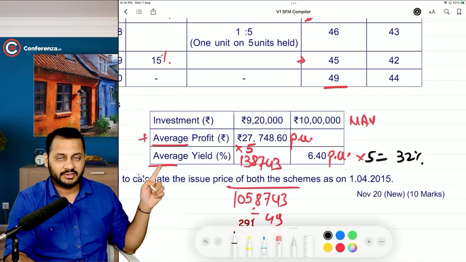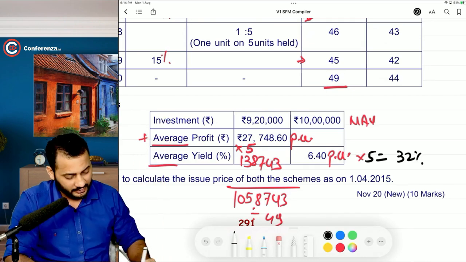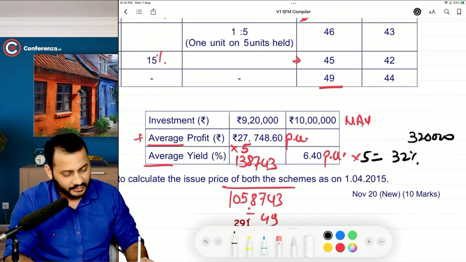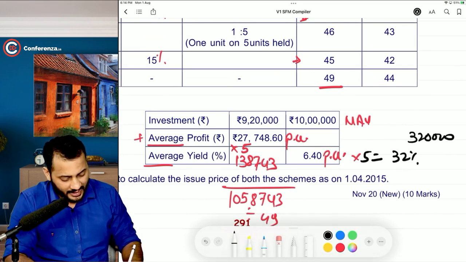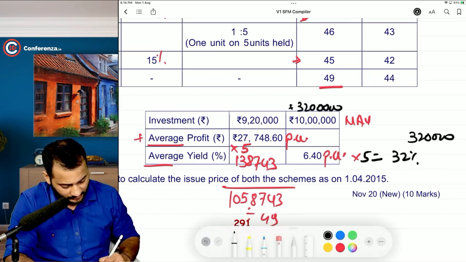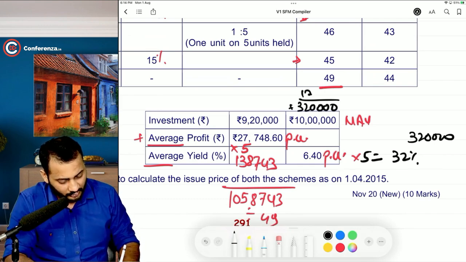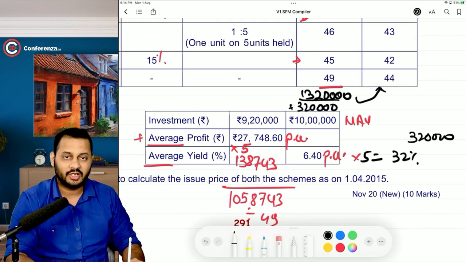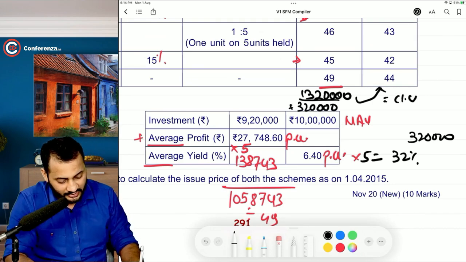The total return is 32% on the investment of 10 lakh. That means 3,20,000 rupees is the total gain. And if you add 3,20,000 to 10 lakh, that means the total amount of redemption is 13,20,000. And if you divide 13,20,000 by 44, you will get the closing units.